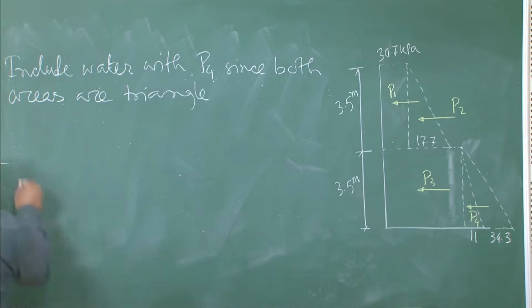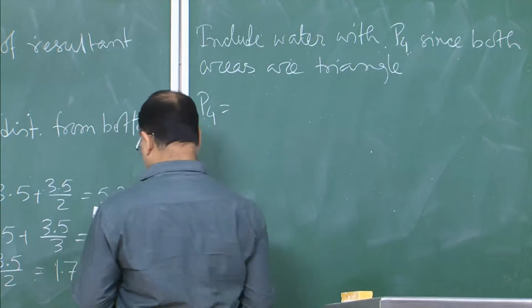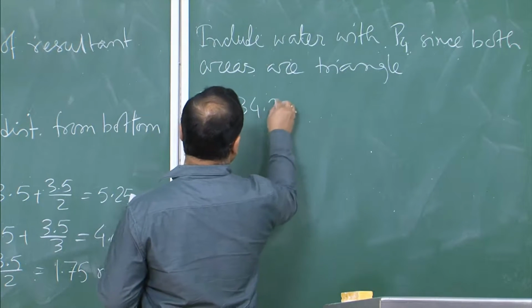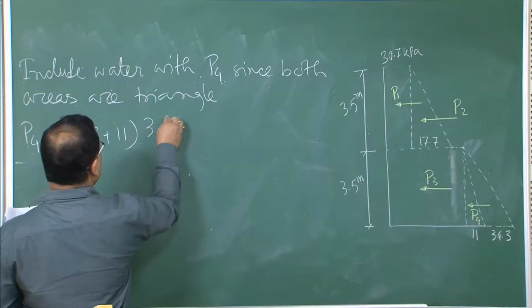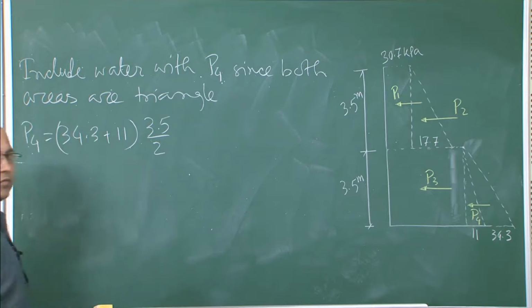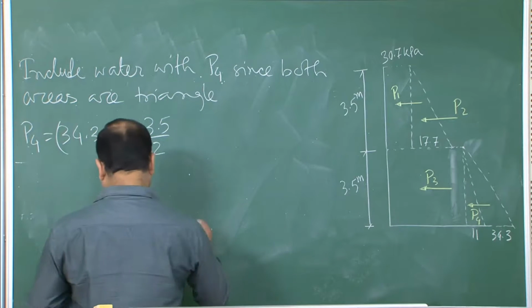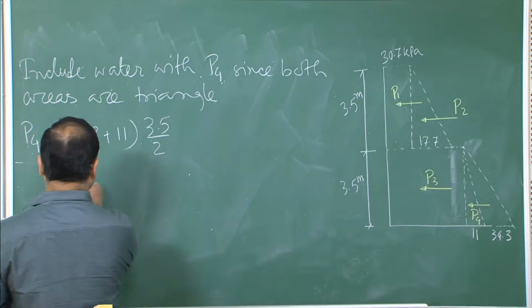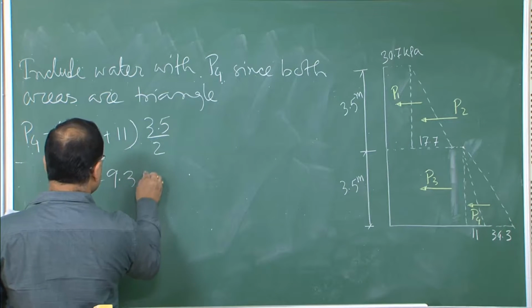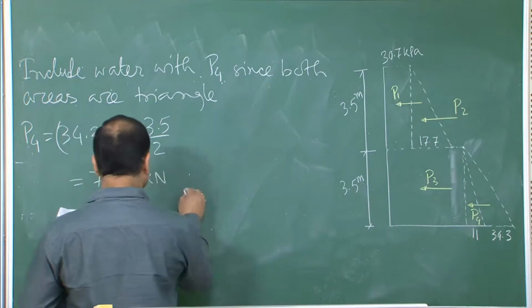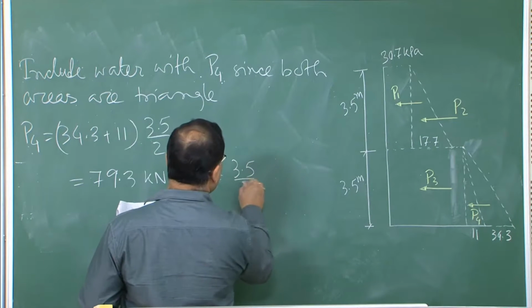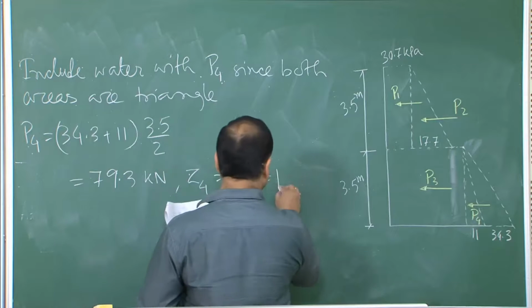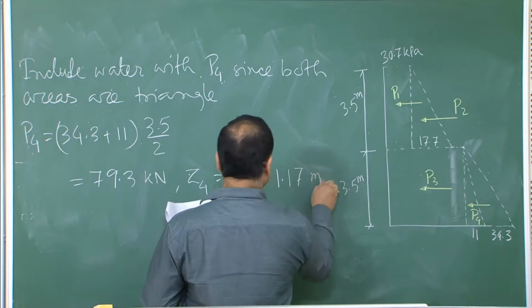So, P4 is equal to 34.3 plus 11 into 3.5 by 2. Agreed? So, that is the area of the whole triangle. So, that comes around 79.3 kilonewton, and Z4 is equal to 3.5 by 3, which is equal to 1.17 meter.